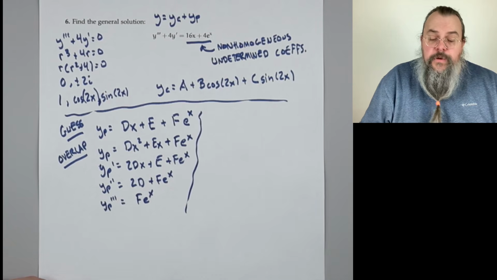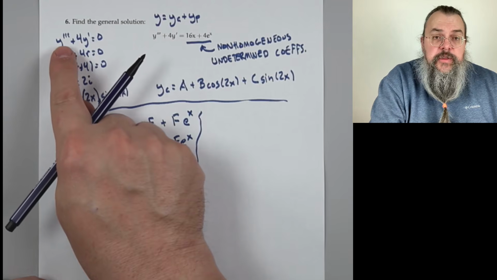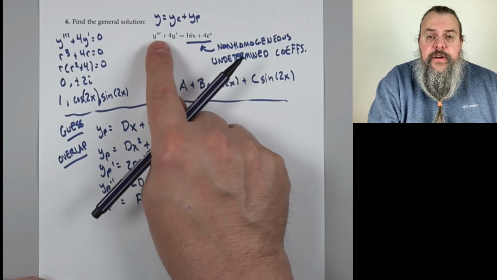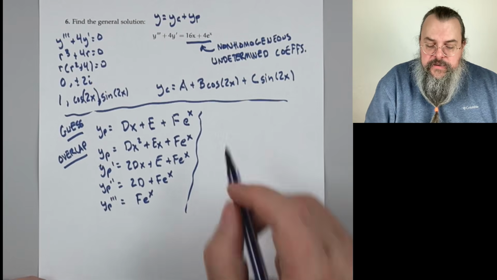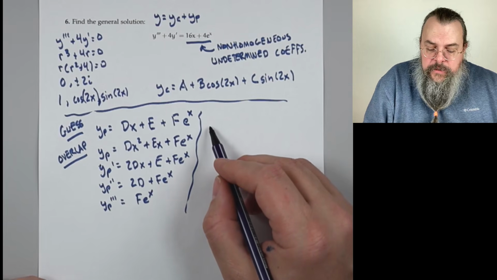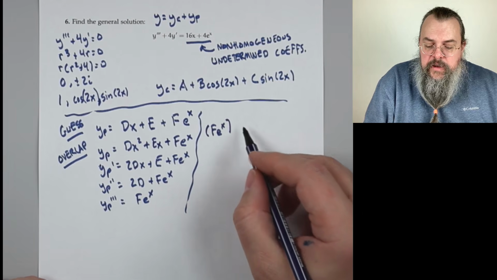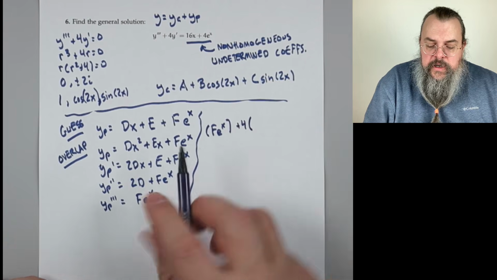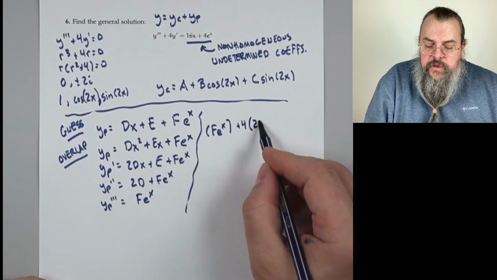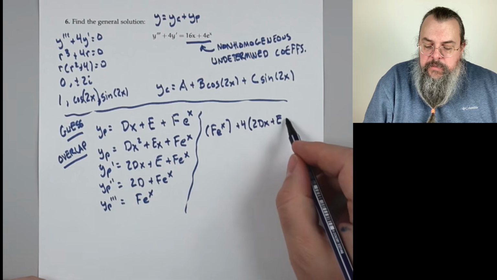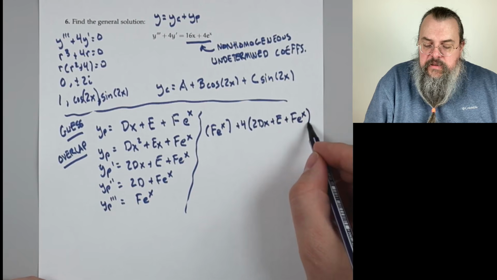So what do we have? We take the third derivative plus 4 times the first derivative. So we have f e to the x plus 4 times (2dx plus e plus f e to the x).